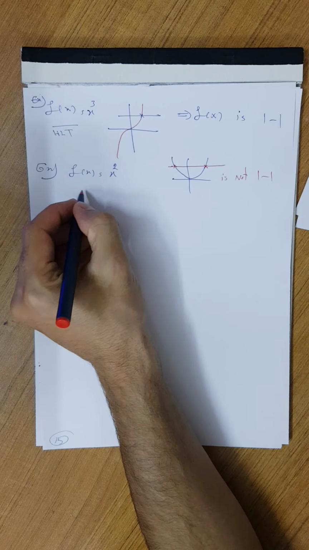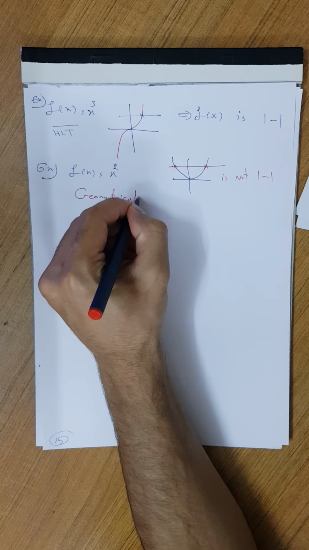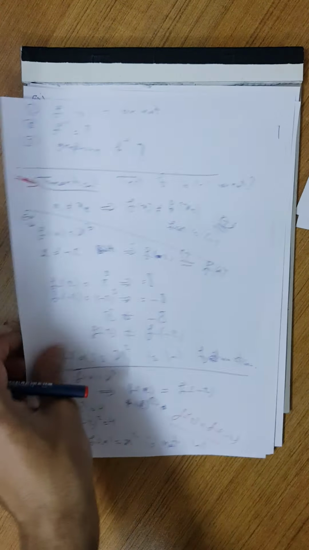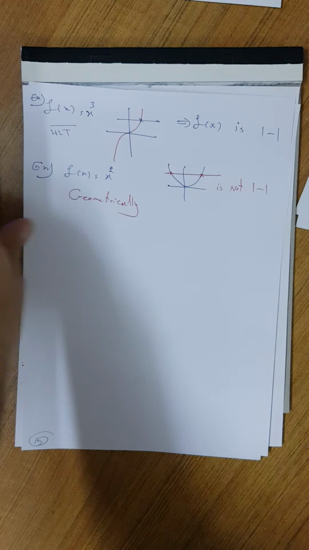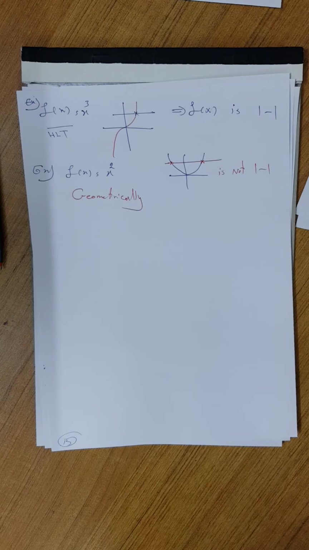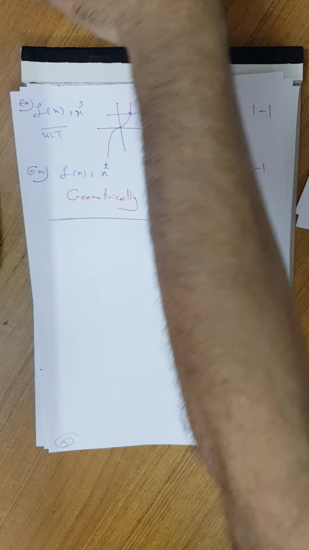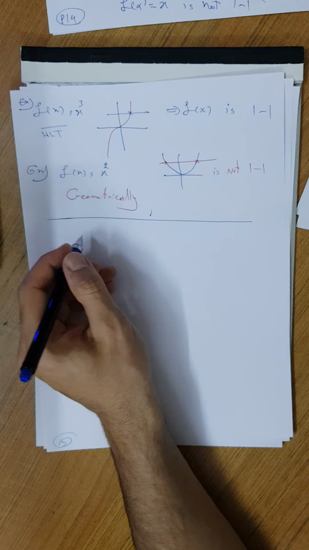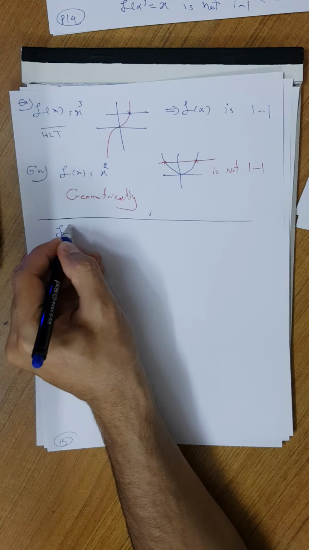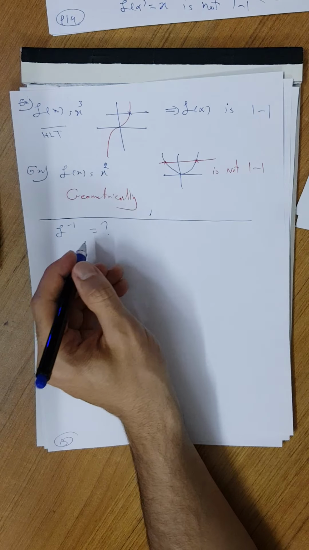So this method is geometrical, and the other one was what? It was theoretical. You can use the geometrical method because you know the standard graphs and how to sketch them. That's good for you. So in the exam, if I say sketch or find the inverse of the function, you cannot find the inverse if and only if, or the necessary condition is what?